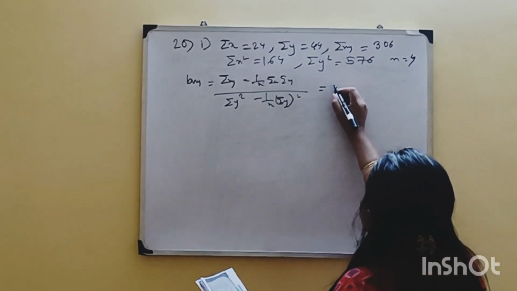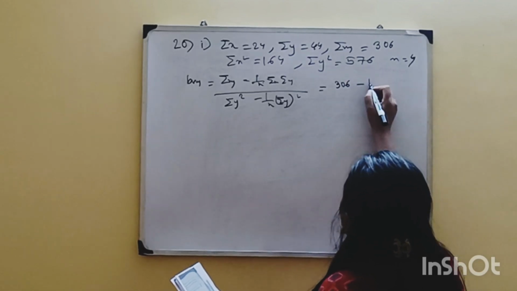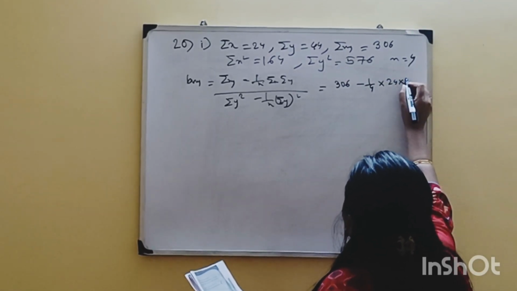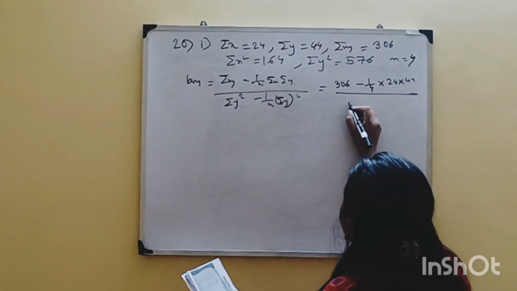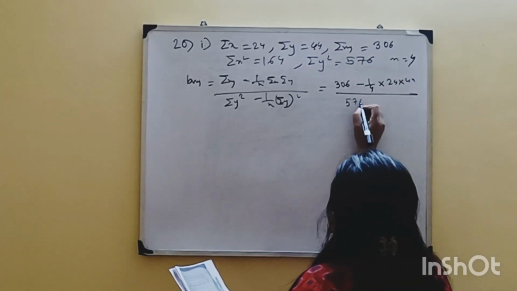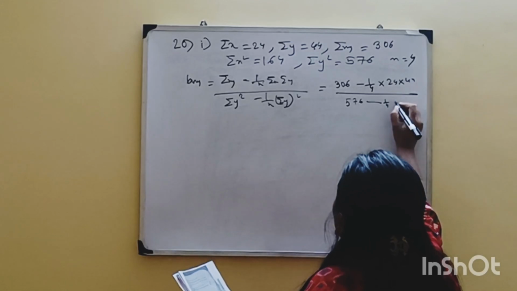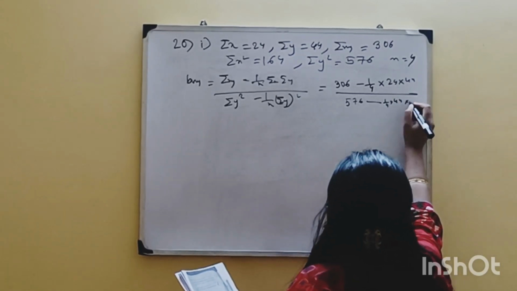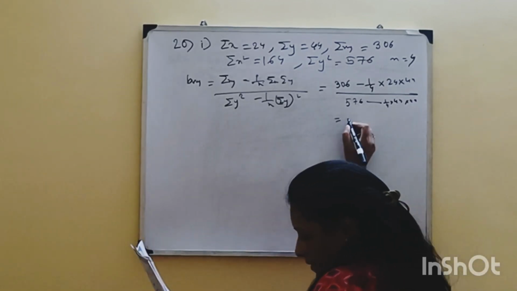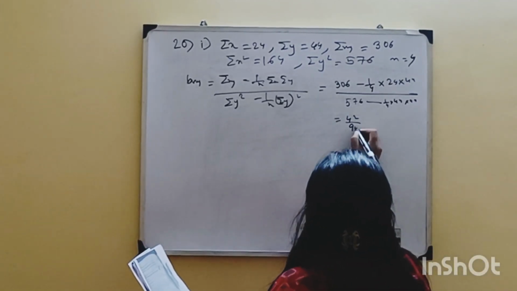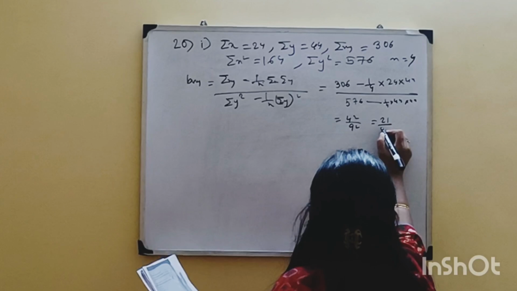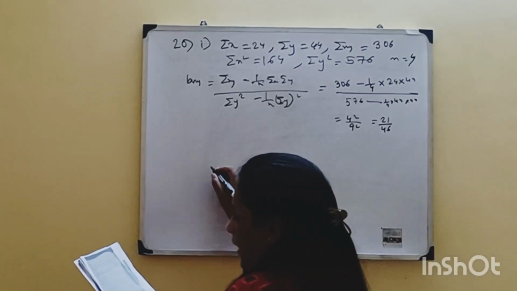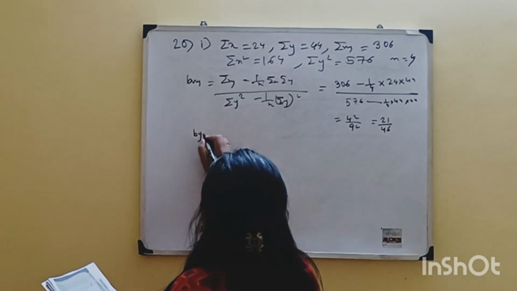So summation xy is given as 306 minus 1 by 4 into summation x, 24, into summation y, 44, divided by summation y squared, 576, minus 1 by 4 summation y whole square, 44 into 44. What will be the answer? It should be 42 by 92, which means 21 by 46. Okay.